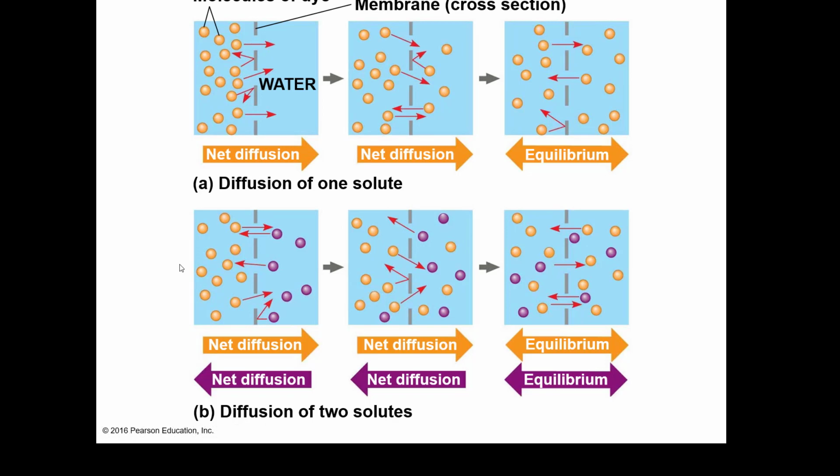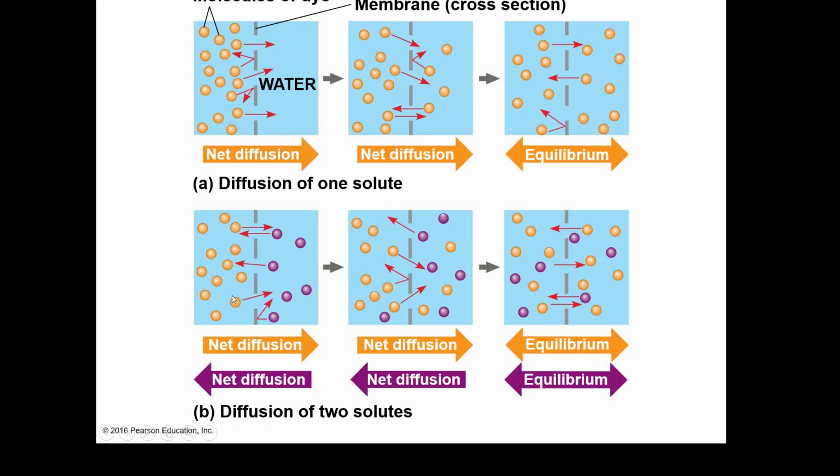And then here we have diffusion of two solutes. The golden or yellow is in an area of high concentration, and it wants to move over to where purple is, to an area of lower concentration. It really doesn't even care how many purple molecules are over here. Purple is in high concentration on the right and wants to move over to the left, even though it's crowded with the gold molecules.